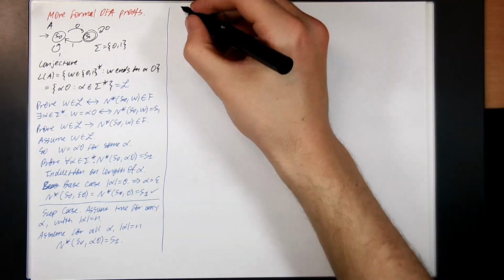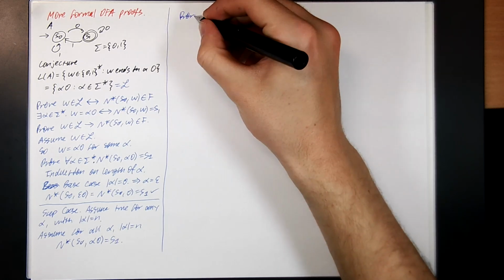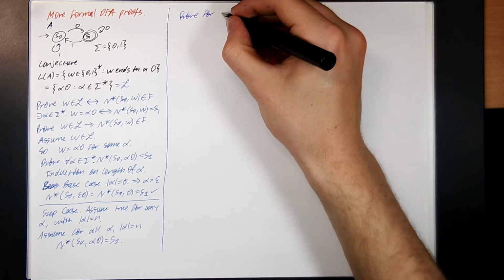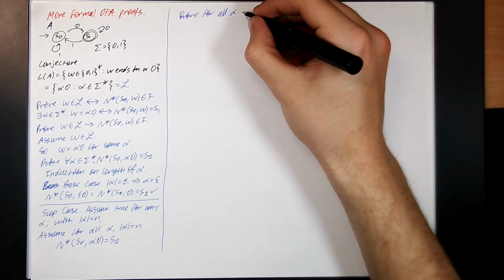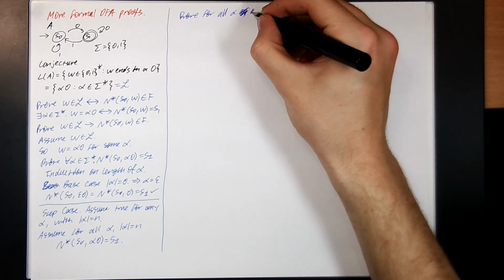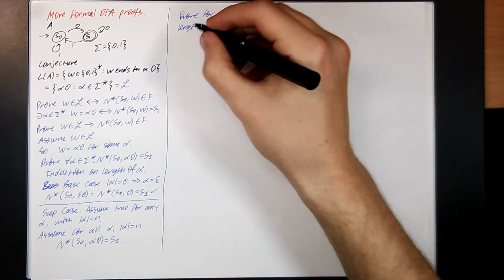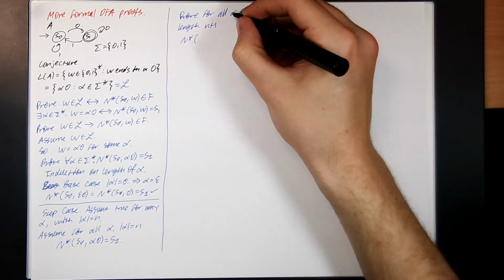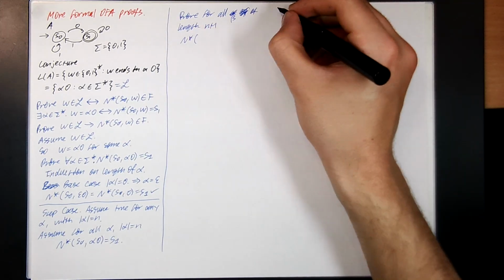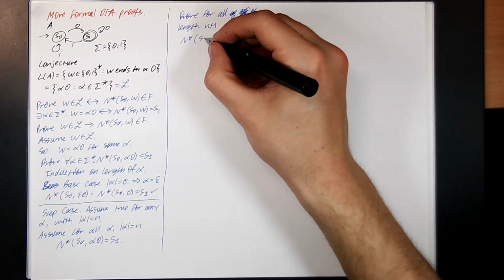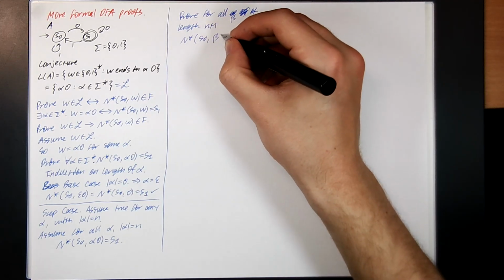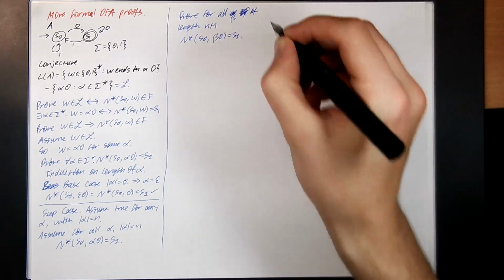Okay, so we're going to prove for all strings of length n plus 1 that the property holds. Maybe I should choose a different letter. So for all beta of length n plus 1, delta star of S0 beta 0 equals S1. Okay?